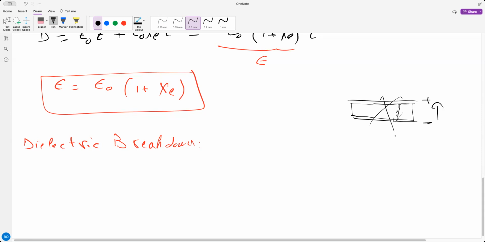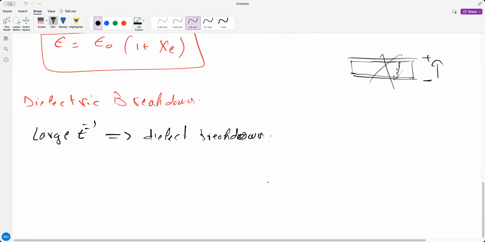Okay, so the dielectric breakdown is when you apply a large electric field that can lead to a dielectric breakdown. And in fact, each dielectric has what we call a value of the electric field that should not be exceeded.